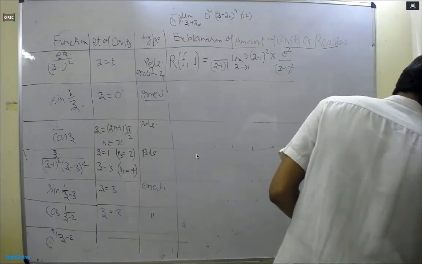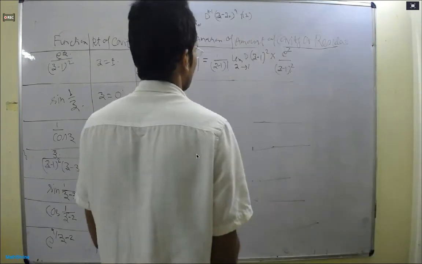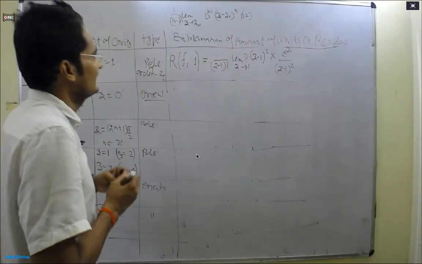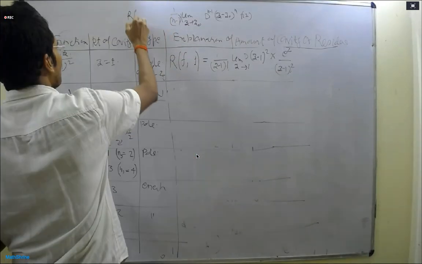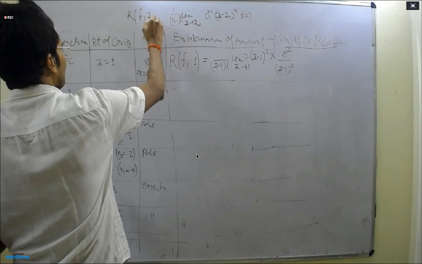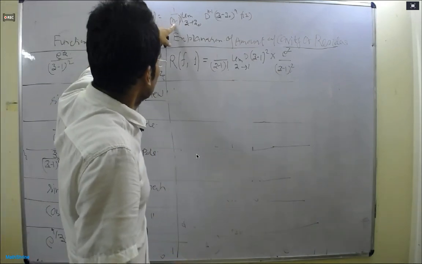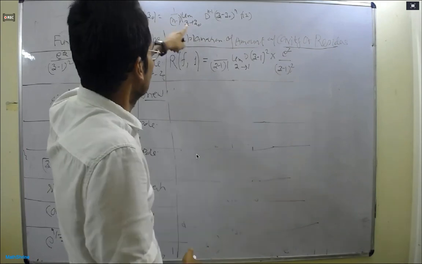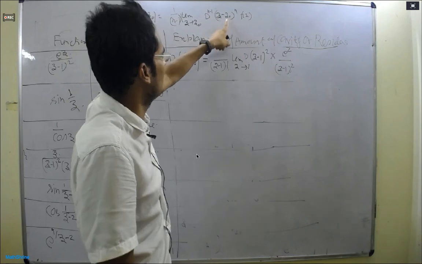Everyone understand? This is the formula of the residue at a pole z naught. 1 upon n minus 1 factorial. N is the order, the rate at which the function tends to infinity at z equal to z naught. N minus 1 derivative of z minus z naught power n into f(z). Our function is exponential of z over z minus 1 whole square.